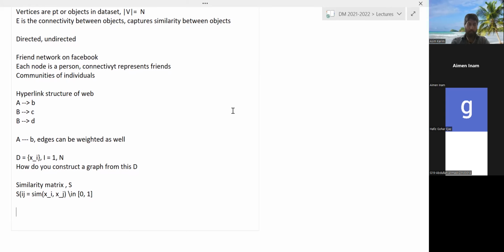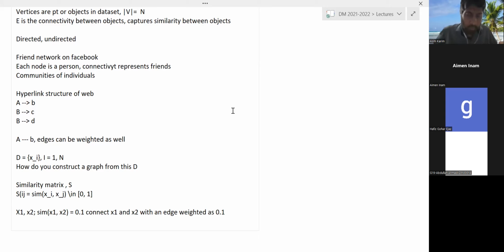Let's say we have a point x1 and a point x2, and the similarity between x1 and x2 is 0.1, then we will connect x1 and x2 with an edge weighted as 0.1. So you get a graph from this. Very easy, right?